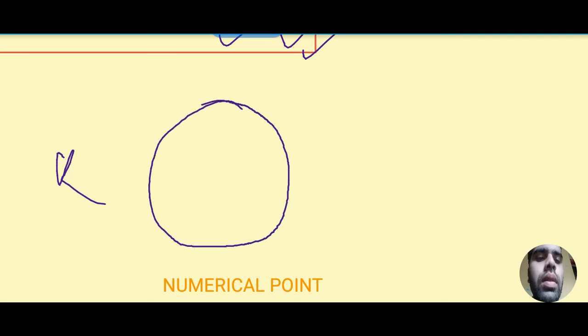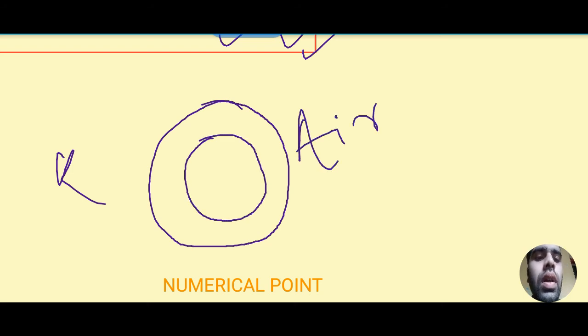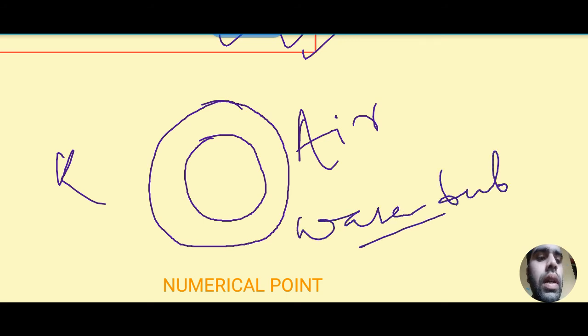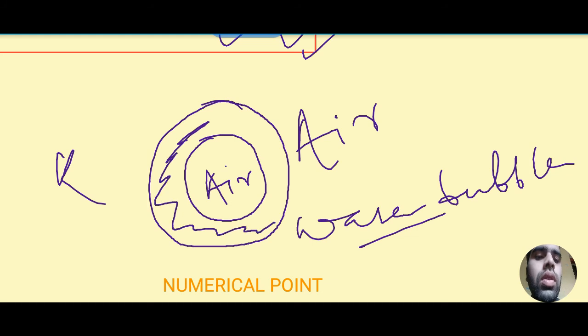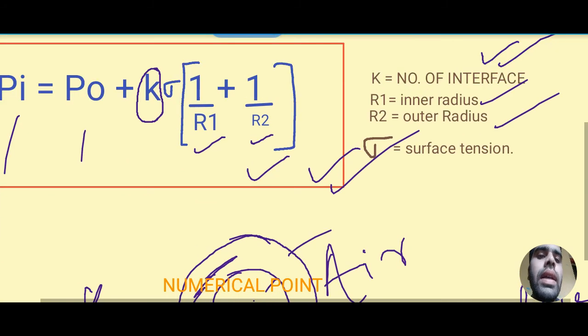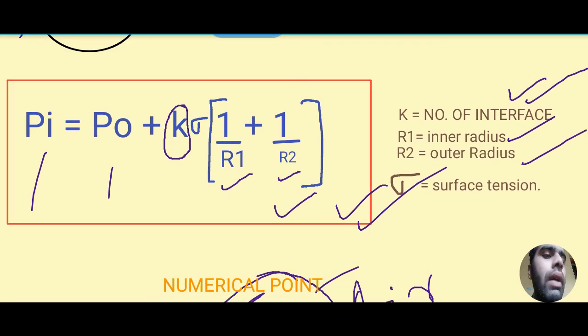For a water bubble, outside is air, inside is air, and this is the water. So there will be two interfaces, one is this and the other is this. As there will be two interfaces, the value of K will be 2.